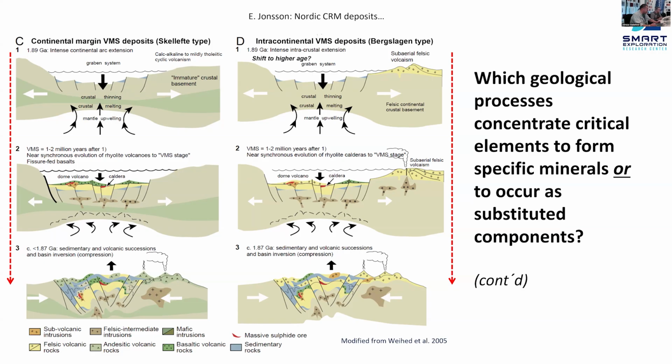And the work we have to go through is, of course, to reconstruct processes active then, say at 1,900 million years ago, to try to understand how these processes could have acted and interacted to form greater concentrations of such incompatible elements.